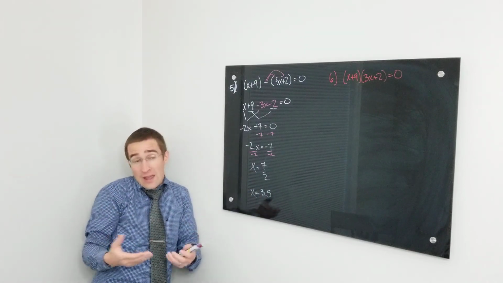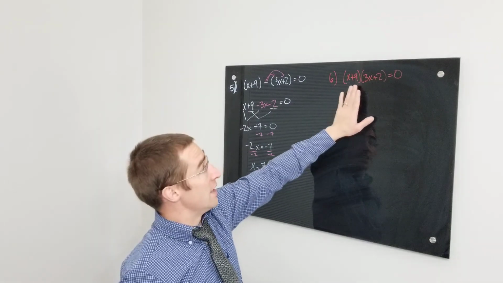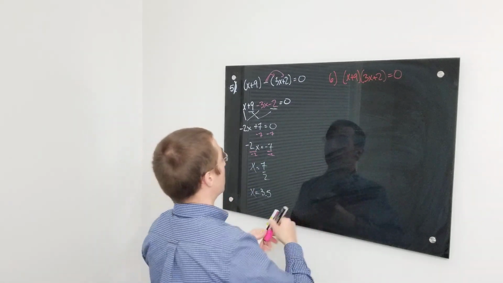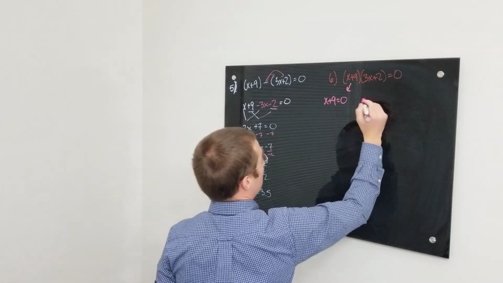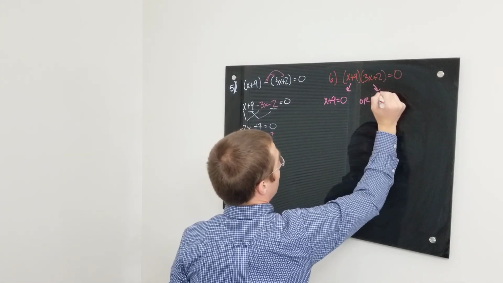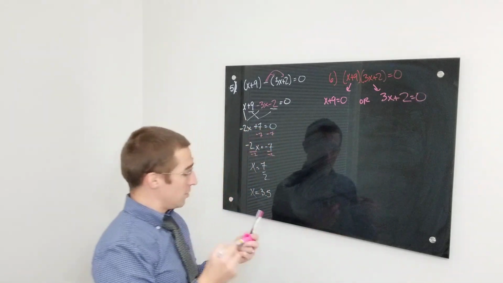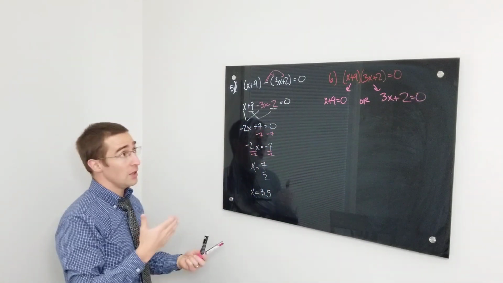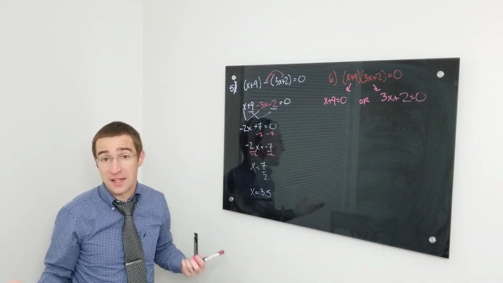So the only way for this product to equal 0 is if either x plus 9 was equal to 0, or 3x plus 2 was equal to 0. Right, if either of those are the cases, then the whole product is 0, because 0 times anything is 0.